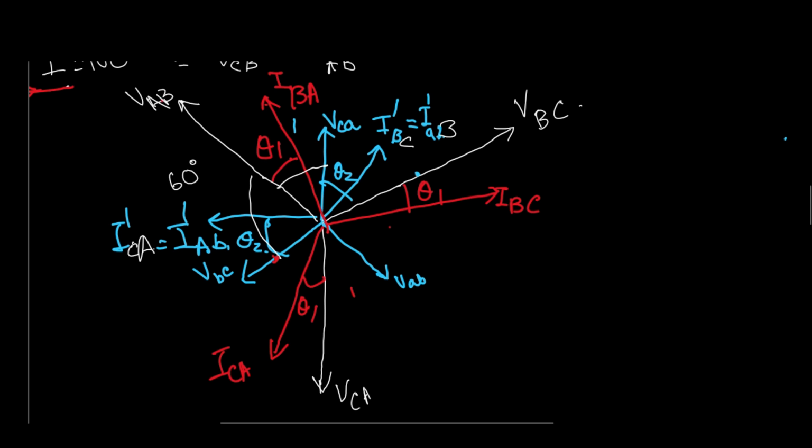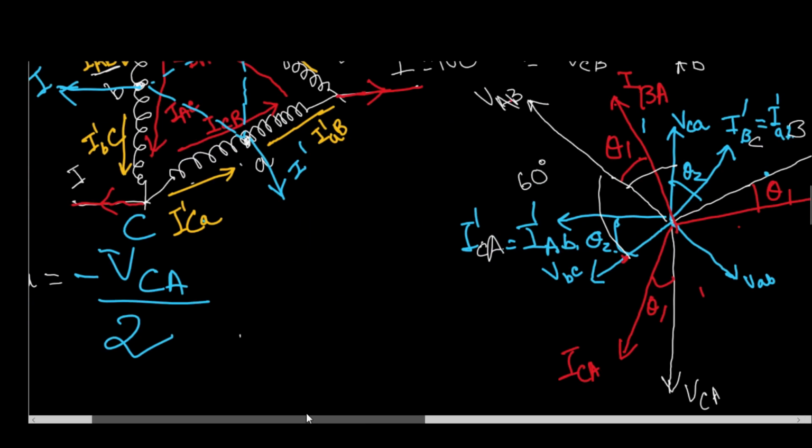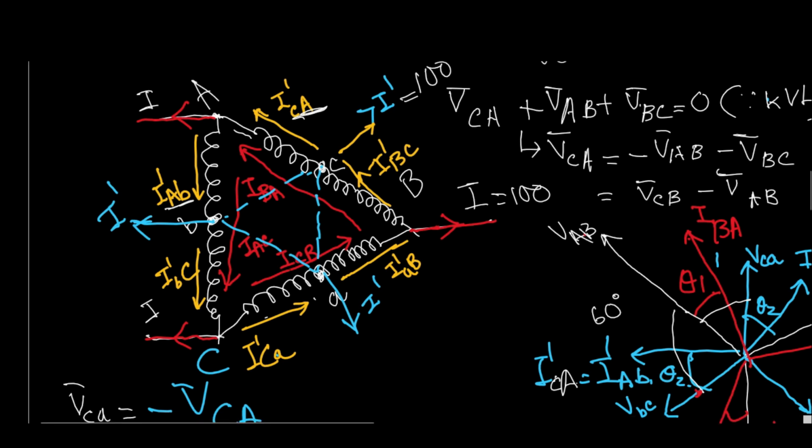Here you have this I'BC, this is the current I'BC. How to understand this I'BC? I'BC and I'AB, we can show that they are the same current.